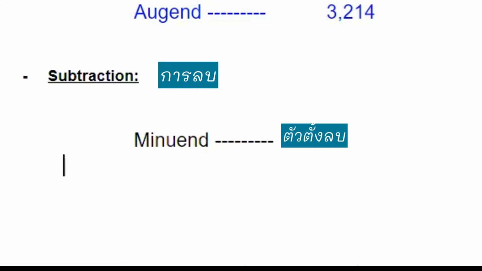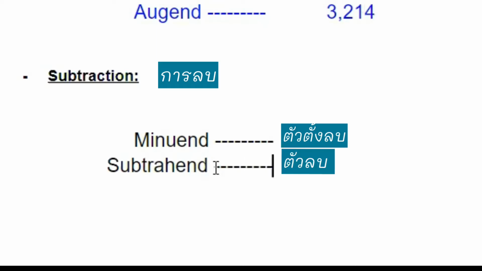Then the second number, this time we're going to do different, is the subtrahend. Minuend minus subtrahend. And in the answer, we're going to get the difference.